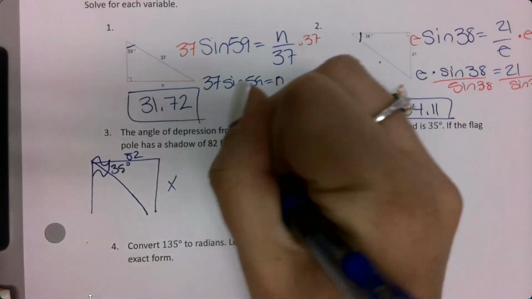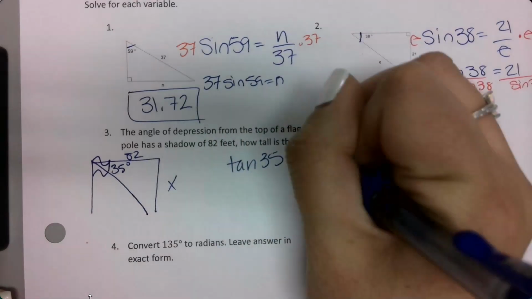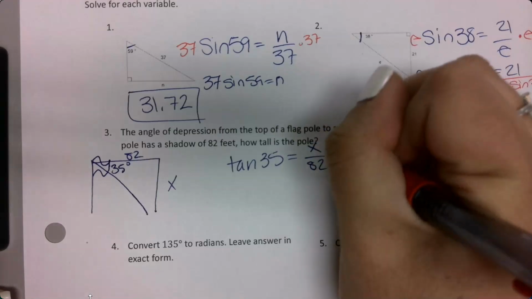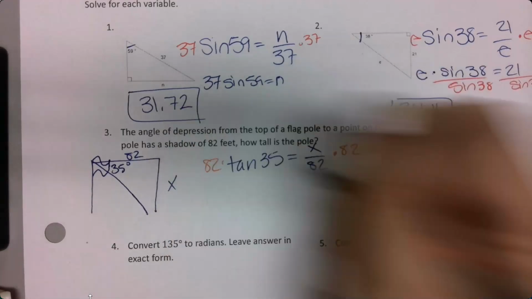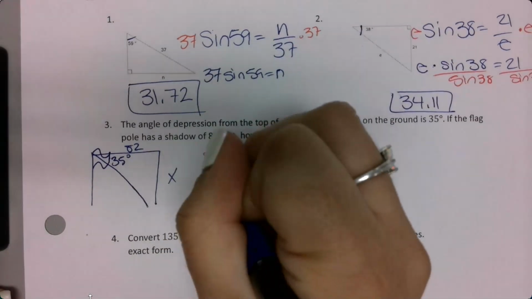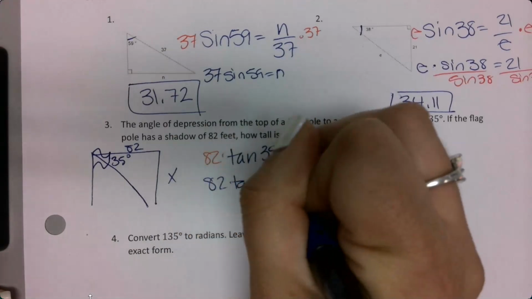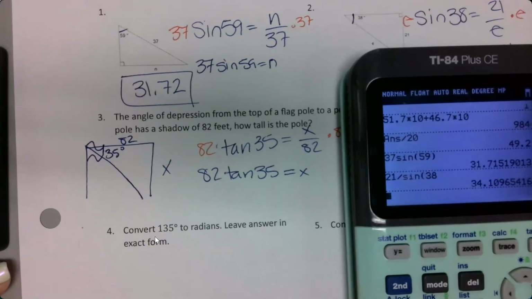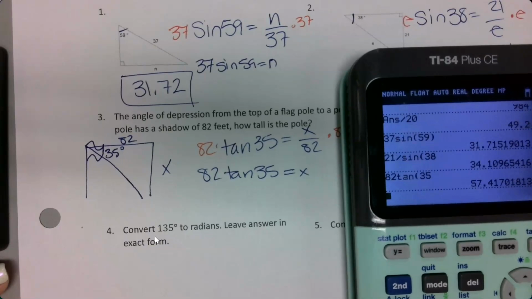This is tangent. Then I want to isolate my variable, so I'm going to multiply both sides by 82. I have 82 tangent 35, which gets me 57.42.